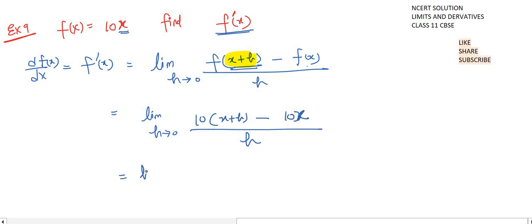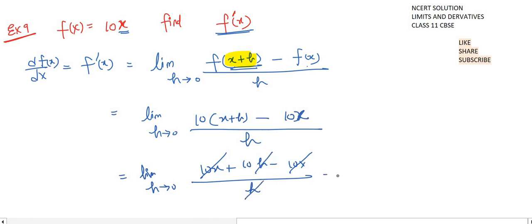So if we simplify, it will become limit h tending to 0, tan x plus tan h minus tan x, by h. So this and this cancel, and h also cancels. So what is left over? Limit h tending to 0, tan h by 1.